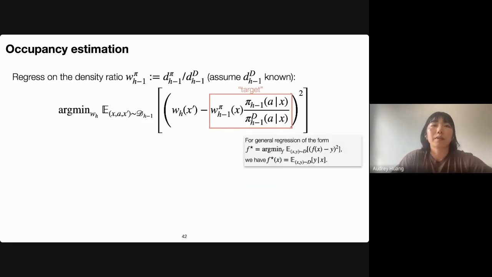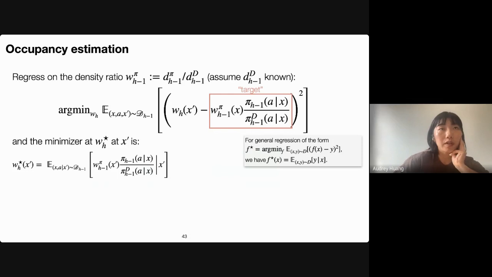So for a general regression of the form shown here, where you try to fit a function f to predict y from x, the minimizer f star at x is the conditional expectation of the target y given x. So in our objective, the target involves (x, a), and the minimizer w_h star at x' is the conditional expectation of the target at (x, a), given the next state x'.